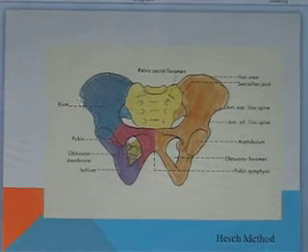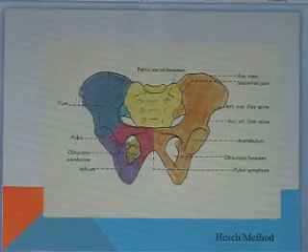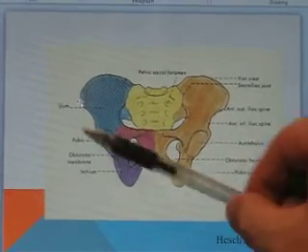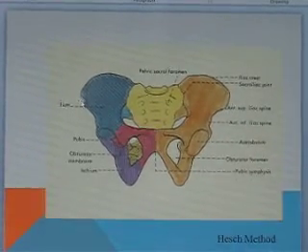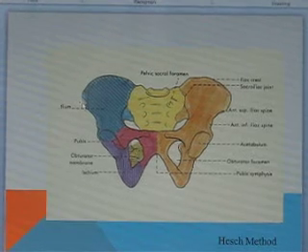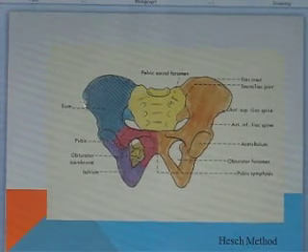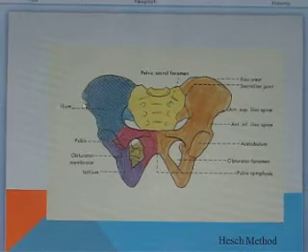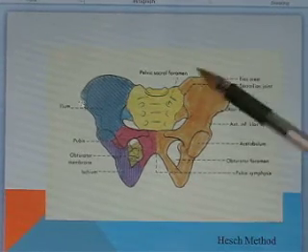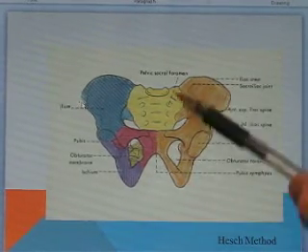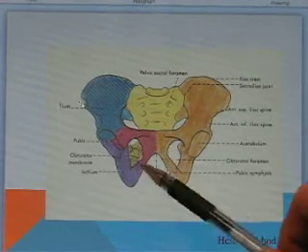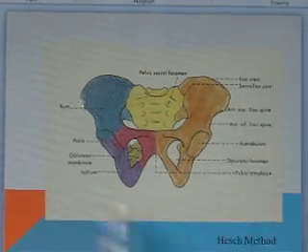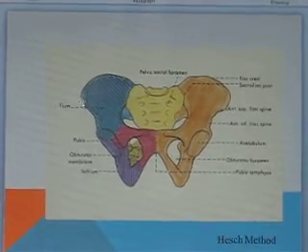Some people call the hemi-pelvis the ilium, but in truth the ilium is pretty much the upper half of that pelvic bone. So it's good to know what one's terminology is when they're speaking of the anatomy. The best terminology would be to call this the left hemi-pelvis, to call this portion the pube, this portion the ischium, this portion the ilium.